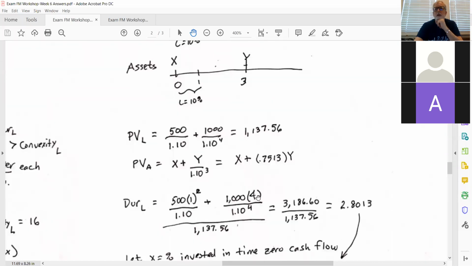So 1,000 times 4, and that's brought back for 4 years. So that is the numerator of the duration formula. And then the denominator is just the price, which we've already calculated. So the duration of liabilities is 2.8 years.